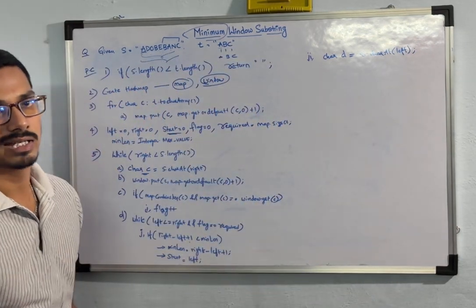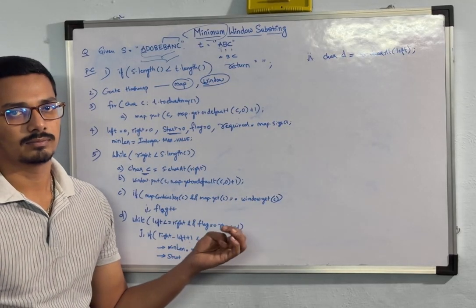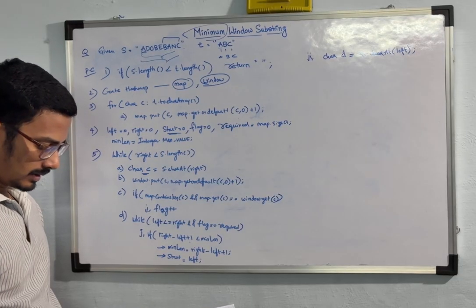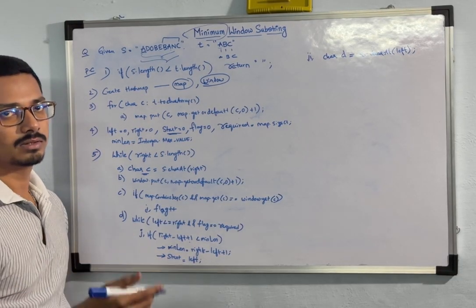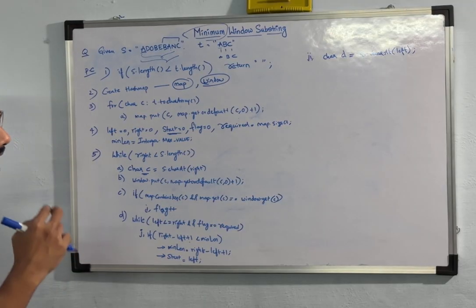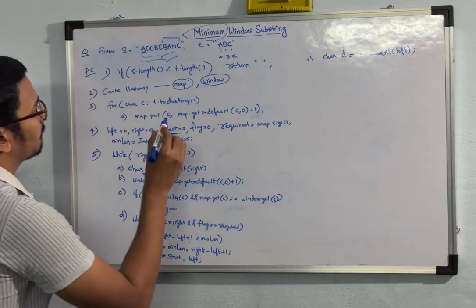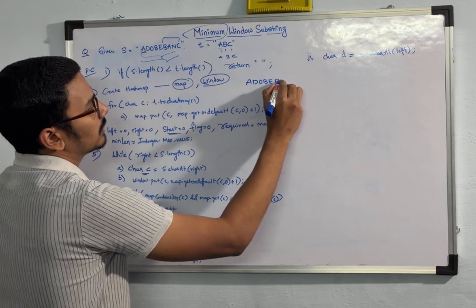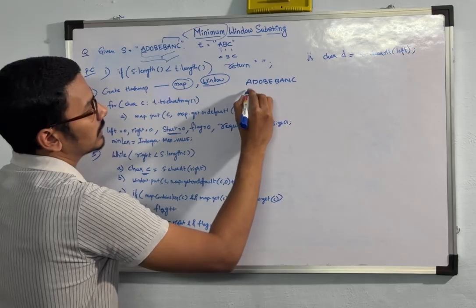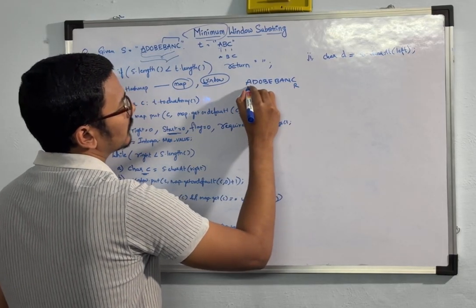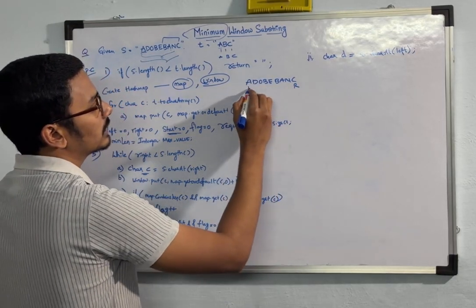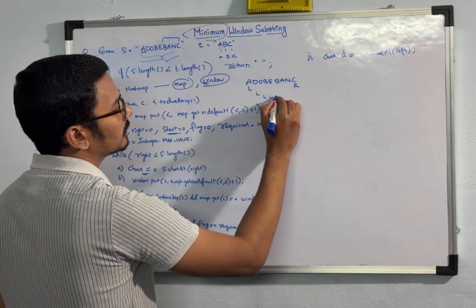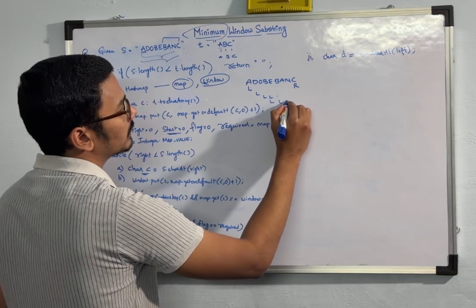So why we are taking character at left? Because I want to remove that from the window, because whenever, see, right is here, there is a particular scenario, we found the solution, left is here, right is here, but we keep on optimizing, we keep on moving left like this.